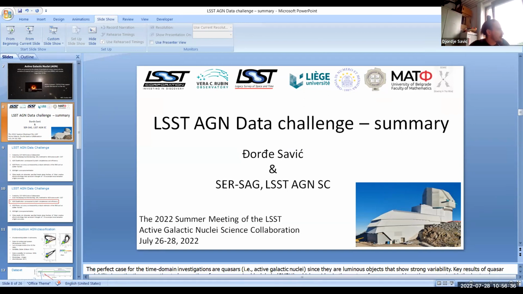So we continue with the LSST AGN data challenge talk. Weixiang made a great introduction. George, sorry, can you make your slides full screen? We can see the panel down the left with all the slides, and we can't see the presenter mode.